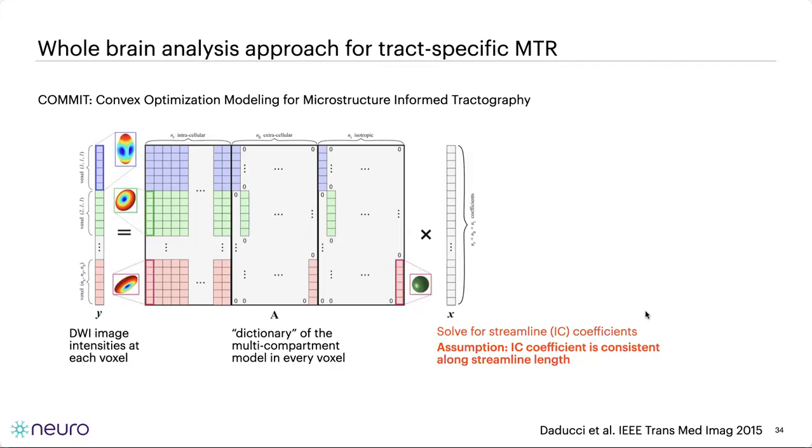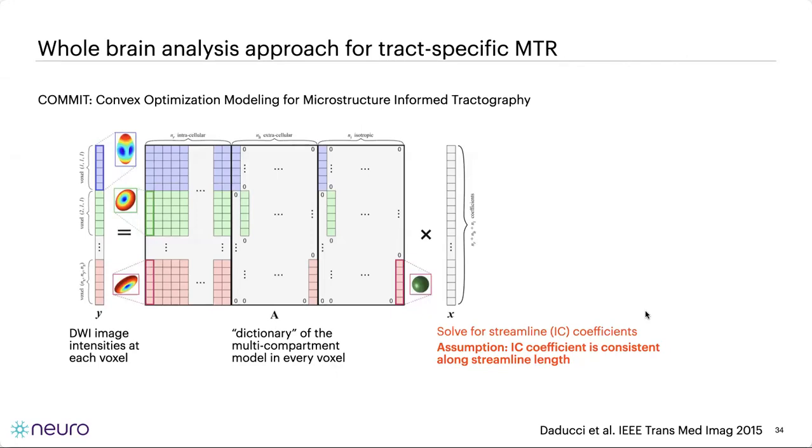This was done to basically improve the estimates of tract caliber in tractometry, okay? But the idea here is that it's a global optimization approach. So again, here I think he's still using a stick Zeppelin ball model, okay?